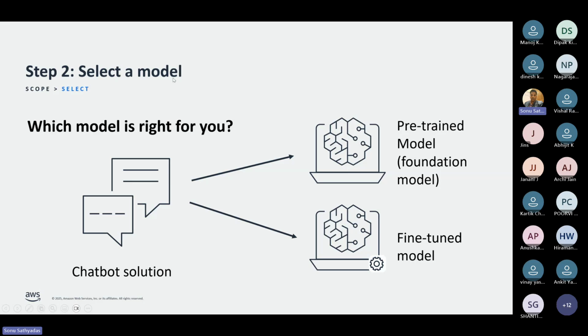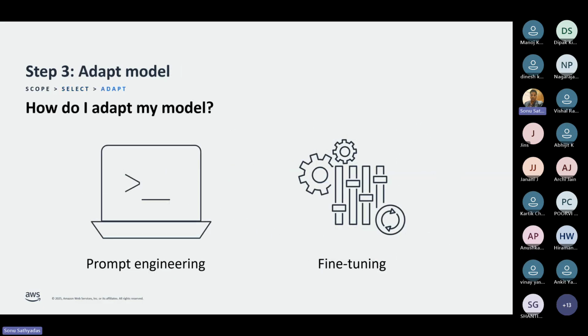After we have decided to go for a generative AI project, we have identified the scope of the project. Secondly, we have to select an appropriate model. Yes, we have decided which model is suitable for our project. The next step is to adapt this model.